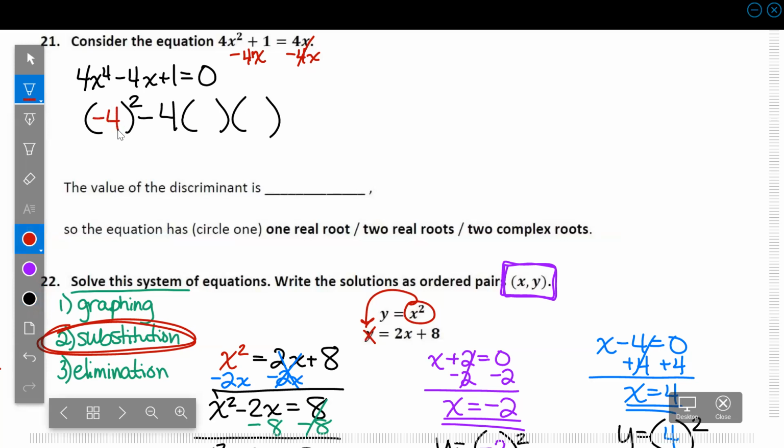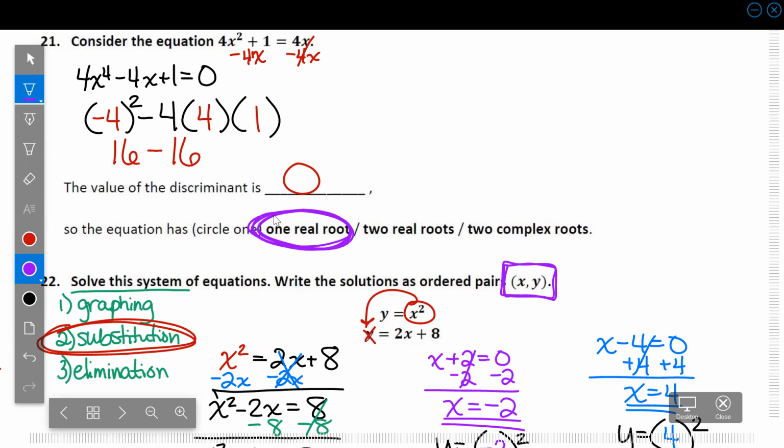What are we putting in for A? 4. And for C? 1. What does it mean to square something again? Multiply it by itself. So -4 times another -4 gives me +16 minus what? 16. So what is the value of my discriminant? 0. What does that mean then? 1 real root.